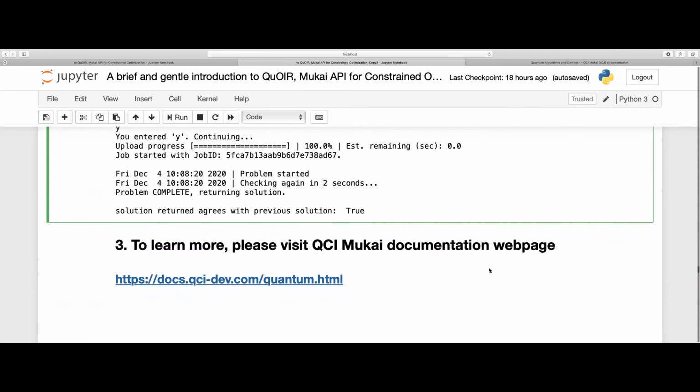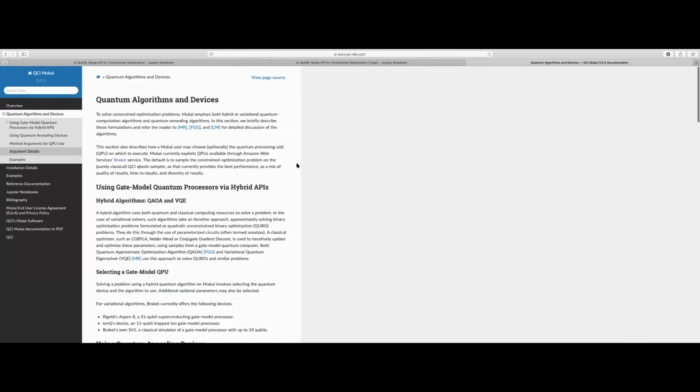Now, to conclude, if you want to learn more about the API and the features I presented today, you can go and check this website here, which takes you to our documentation page.